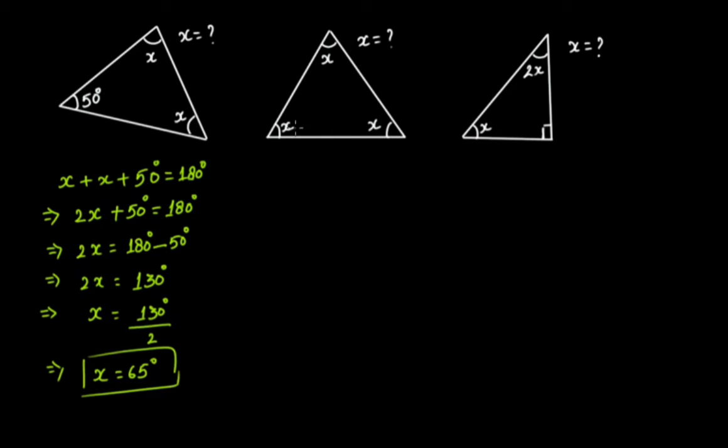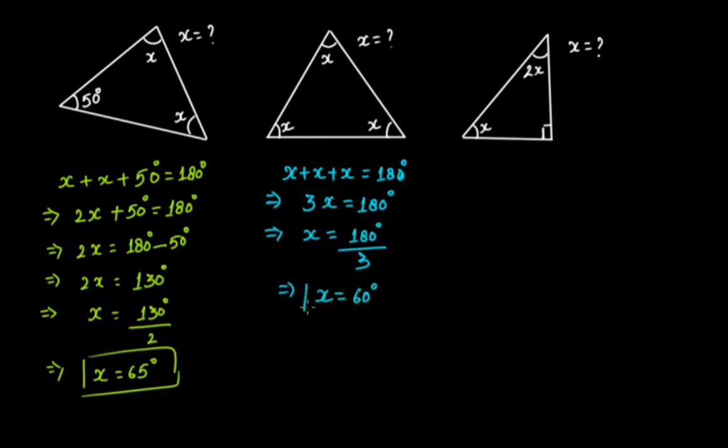Similarly here, according to angle sum property, this will be x plus x plus x equal to 180 degree, right? If you add these three, you will get 3 times x is equal to 180 degree. If you further solve it, x is 180 degree divided by 3, so x is equal to 60 degree. Now again, this shows 90 degree, that is a right angle triangle.